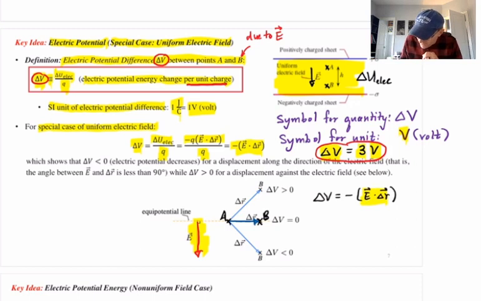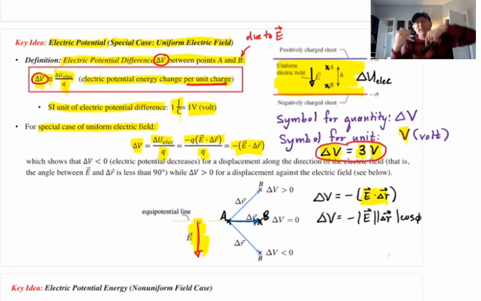Well, that means do negative magnitude E, magnitude dr, cosine of what I'll call phi, where phi is the angle between E and delta R. You see what that angle is? The E straight down, the delta R is to the right, the angle is 90 degrees. For this path right here.